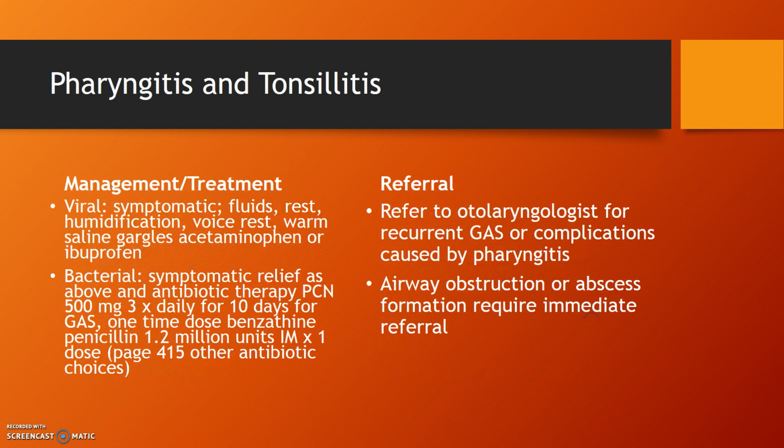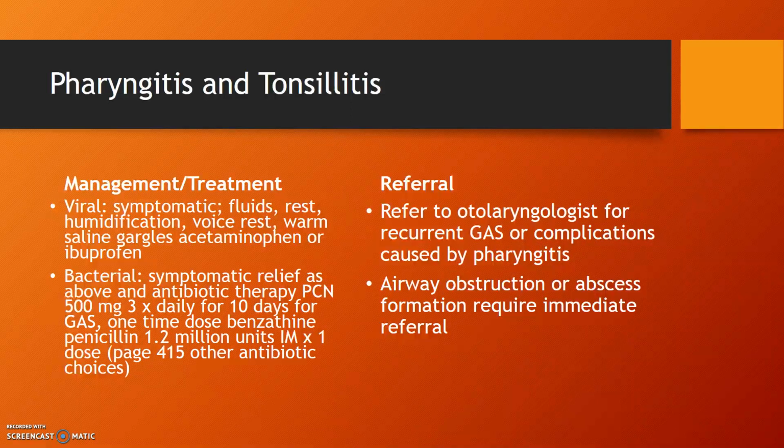Management and treatment for viral pharyngitis, tonsillitis, is really symptomatic. Fluids, rest, humidification, voice rest, warm saline gargles, acetaminophen or ibuprofen if appropriate. Bacterial really needs the same symptomatic relief as above for the virus, but they also need antibiotic therapy, which could be penicillin 500 milligrams 3 times a day for 10 days, or 875 twice a day for 10 days for the strep infection.